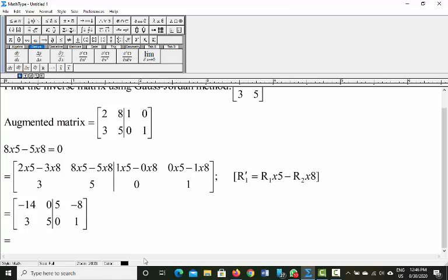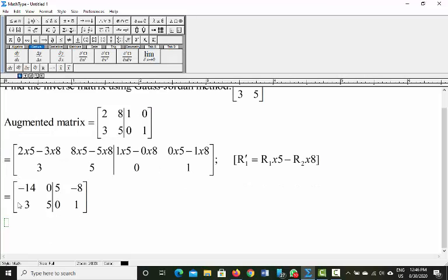So let me show you some rough work. If you want to convert this one to 0, we can multiply this one with this one, and then it will be converted to 0. So we can multiply this 3 with minus 14.